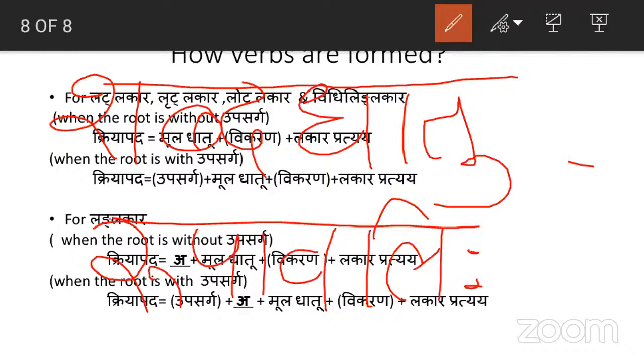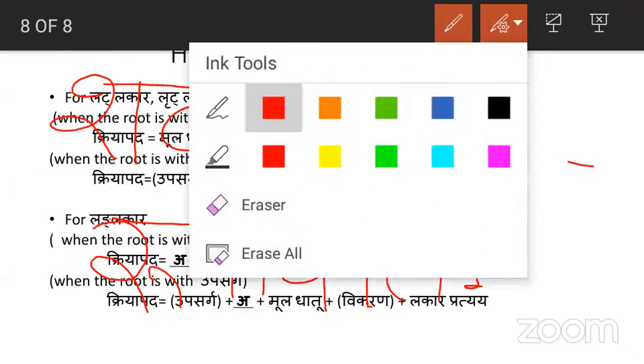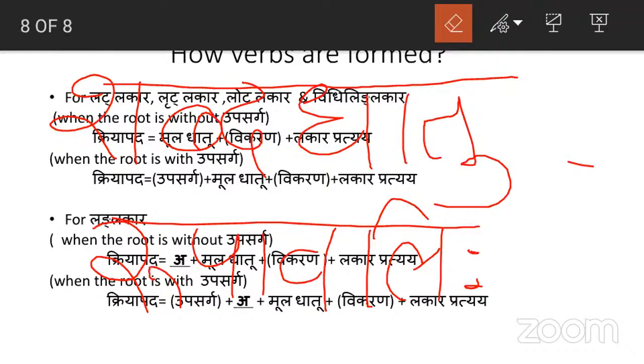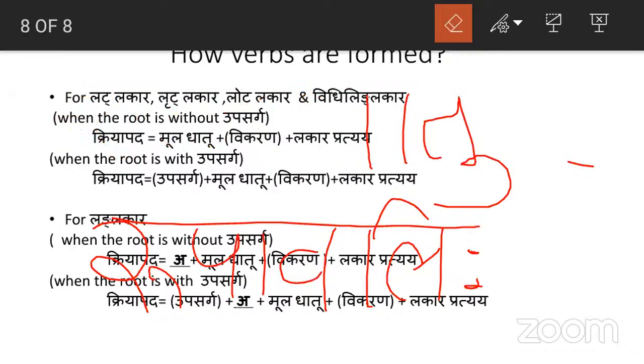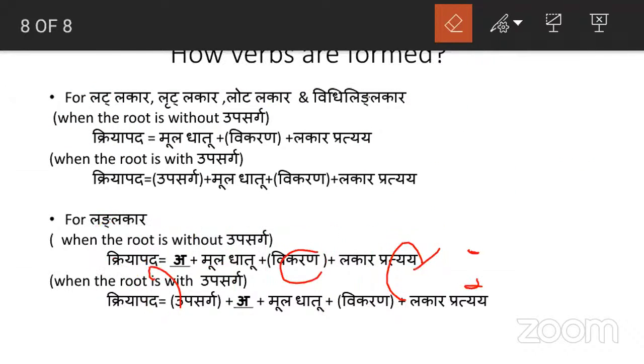Okay, now we will see how verbs are formed. Have you written this name in your notebook? Okay.